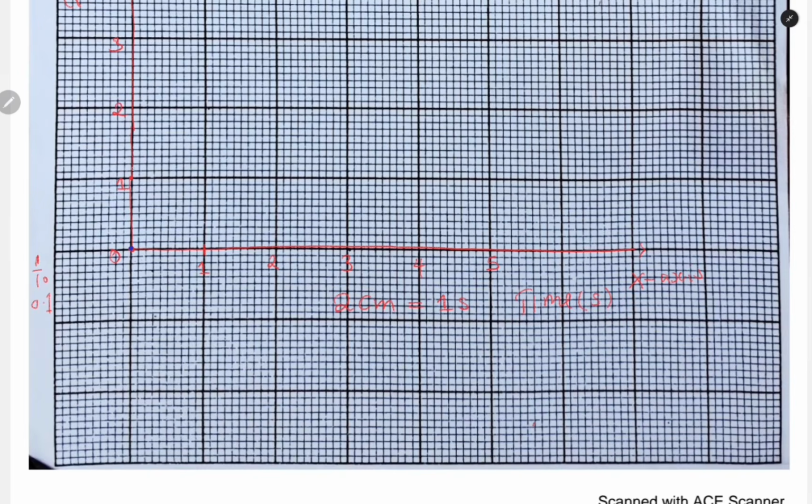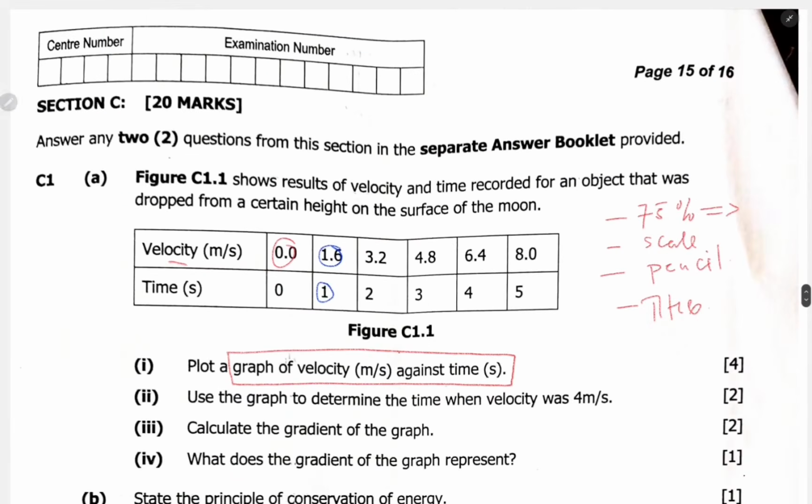Now 1.6 is above 1, and we said each of these is 0.1. So if this is 1, this is 1.1, 1.2, 1.3, 1.4, 1.5, 1.6. So 1.6 is somewhere there. So from 1 and 1.6, they are going to meet right here. So we start by putting up the dots first. Then at the end you connect it.